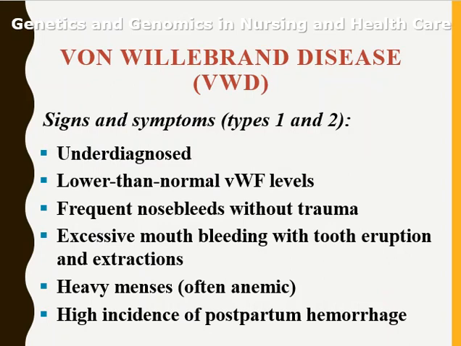Again, there are lower than normal von Willebrand factor levels that are variable, and frequent nosebleeds without trauma. That's interesting because lots of people say, oh, nosebleeds run in my family, and they just take that to be, that's just my family. We all get nosebleeds, and it eventually stops, and it's no big deal.